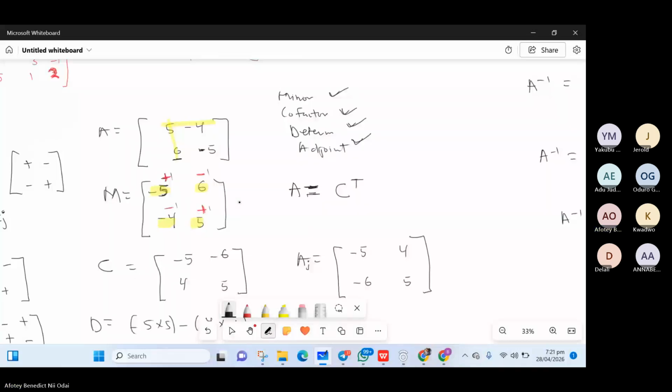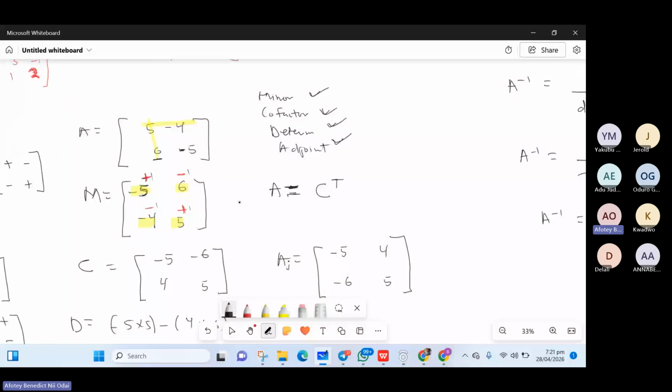Now, you found the minor by using the determinant of each entry. You find the cofactor by doing the plus minus plus something. We know how to find the determinants. Now the adjoint is the transpose of the matrix of the cofactors. So the adjoint is equal to the cofactor matrix that has been transposed.